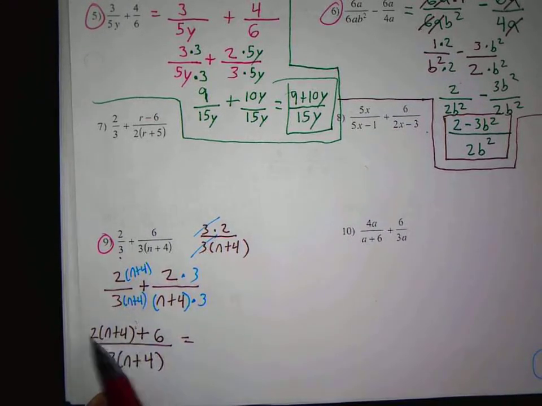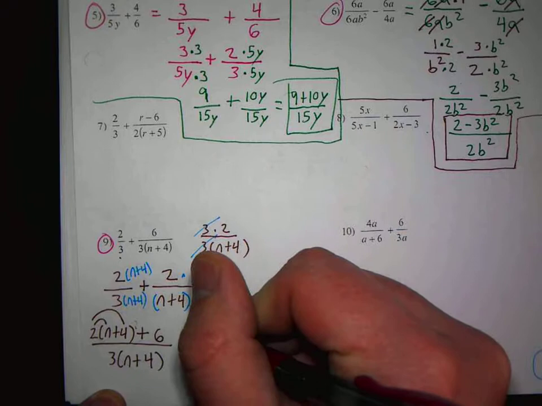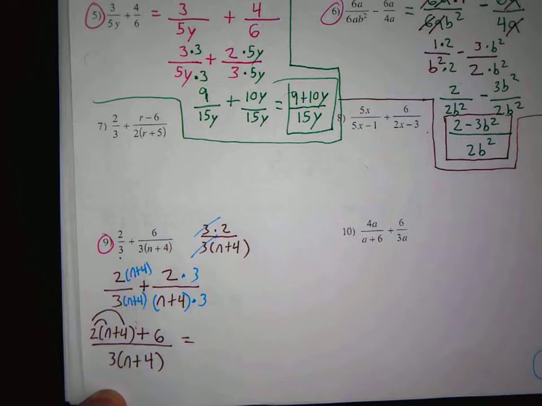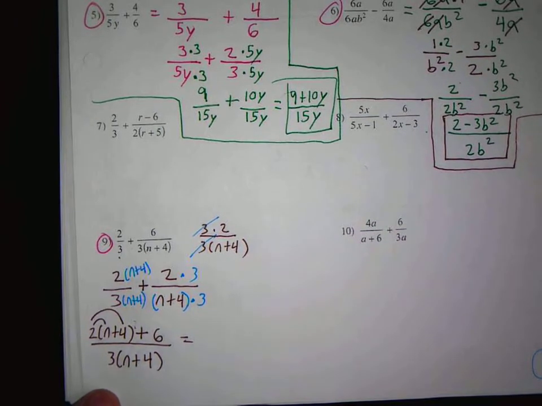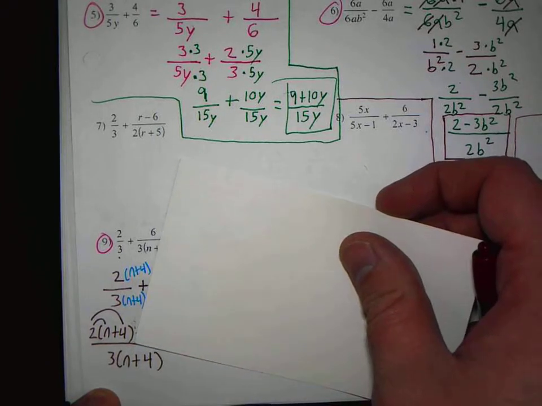So here, I need to simplify this. So I need to distribute 2n plus 8. Now before I said don't distribute. Why is it different now? Like if I just had this, if I didn't have a plus 6, I would leave it like that. In fact, I would cancel out the n plus 4s.